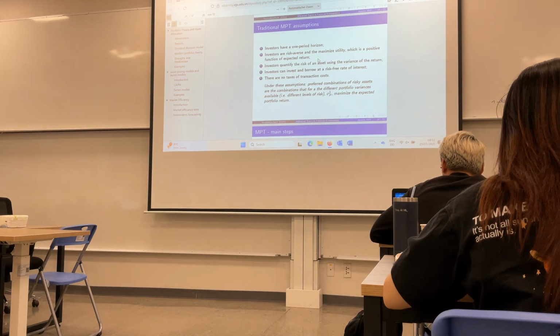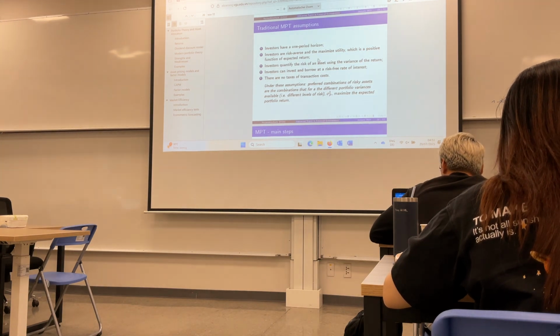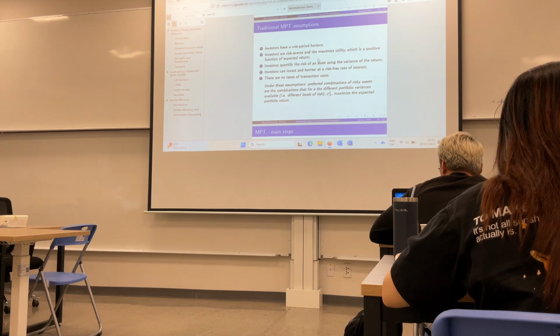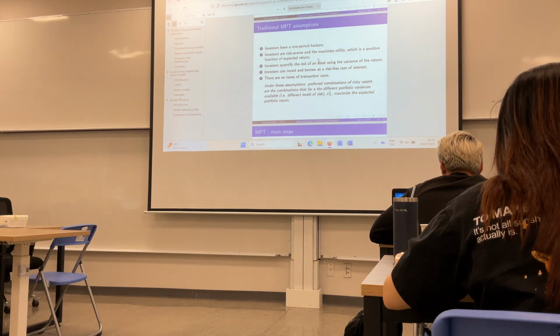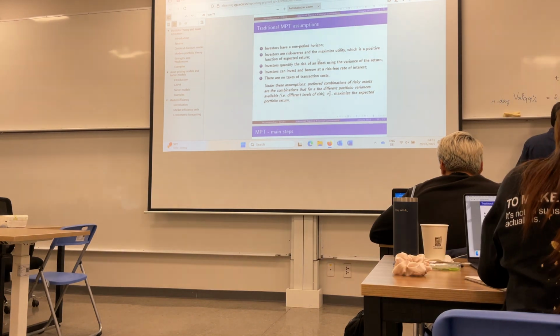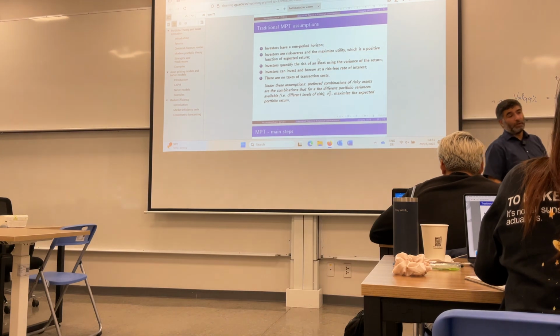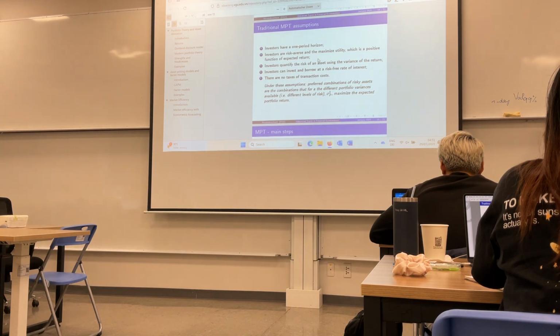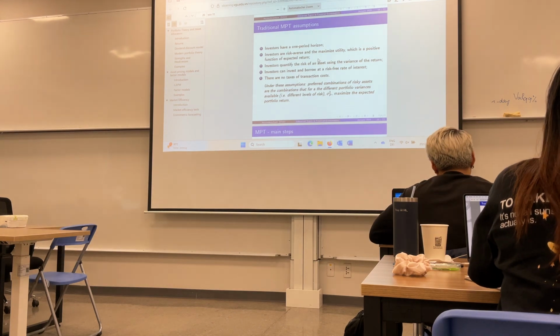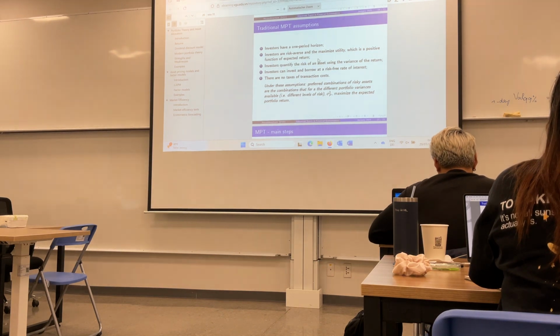Let's give an example. Let's say sigma turns out to be 2%. Oftentimes one doesn't talk about the levels, but says 2%, and that means the standard deviation is large.